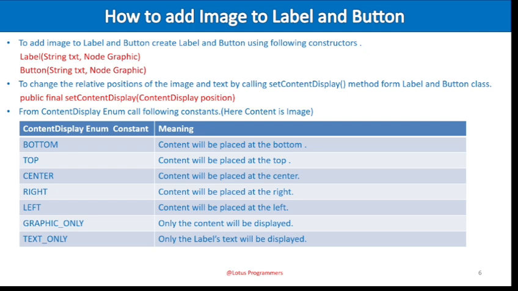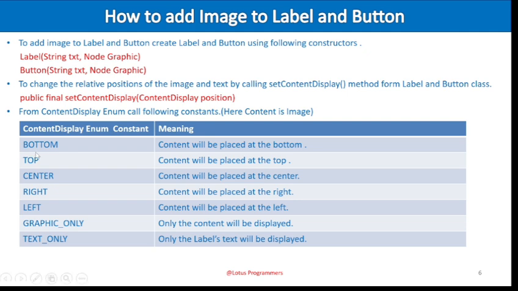For setting these display settings, we have to call one method on the label class object or the button class object, the setContentDisplay method, passing a ContentDisplay constant as an argument.